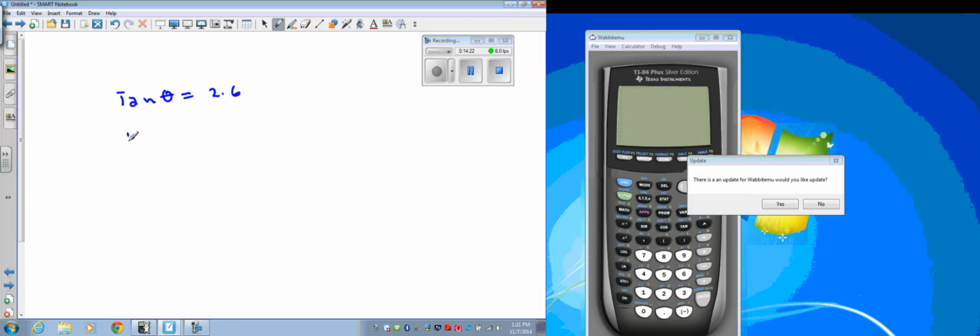Now they want to know tangent of a negative theta. Because the identity says this, tangent of negative theta equals what? Negative tangent theta. And this has to be what? Negative 2.6.